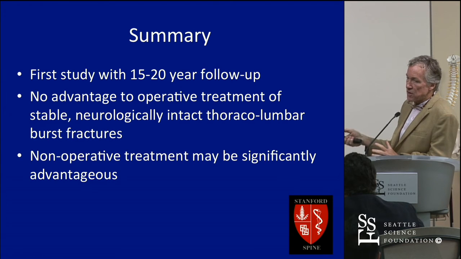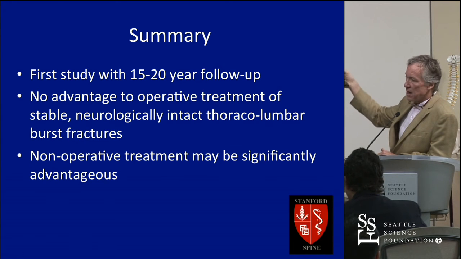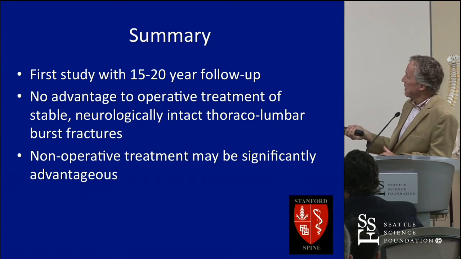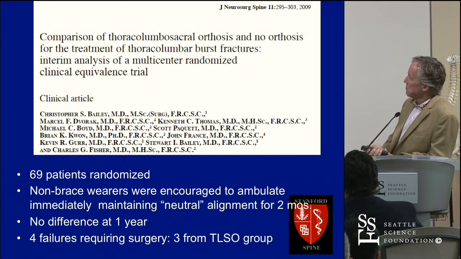And this had nothing to do with the angle of the fracture or the amount of canal compromise, because we had some patients with over 70% or 75% canal compromise. I mean, bone completely filling the canal, but if they were neurologically intact, they remained neurologically intact 20 years later. And in fact, it may be that if you look at it over the long term, non-operative treatment may actually be significantly advantageous in these special types of people as opposed to doing an operation.